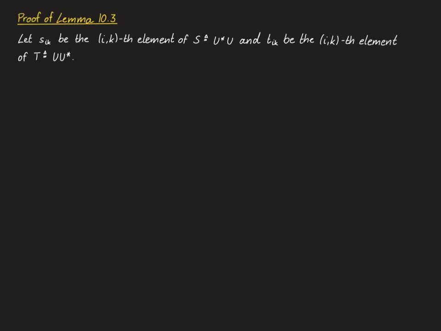The proof of lemma 10.3 is actually fairly obvious. Let s_ik denote the ikth element of the matrix S, which is defined as U star U, and t_ik be the ikth element of the matrix T, which is defined as U U star.